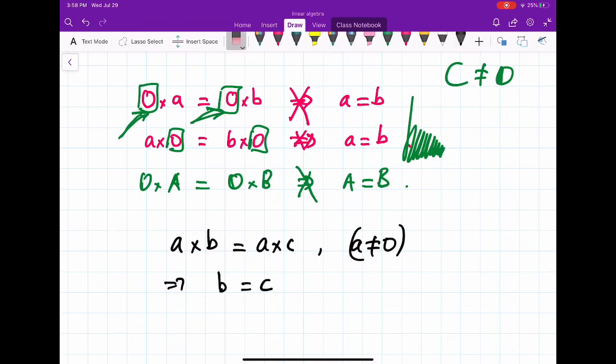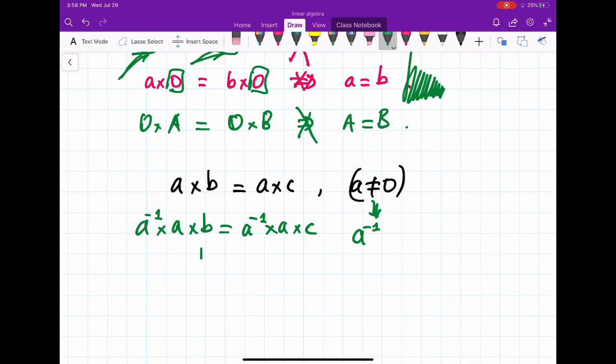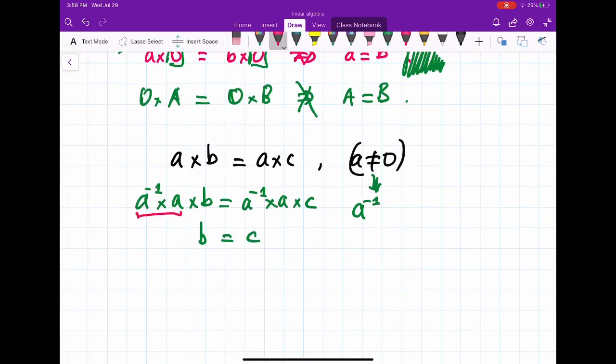Okay, let me write that step because we will do that for matrices. So if A is not 0, A has an inverse, A to the -1. Then you multiply both sides by A to the -1. From here you get B equal to C, because A times A to the -1 is just 1.